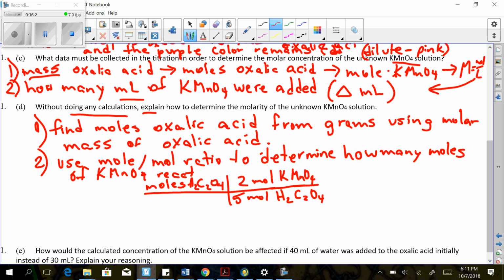Now, the last step is for taking the amount of moles and divide it.